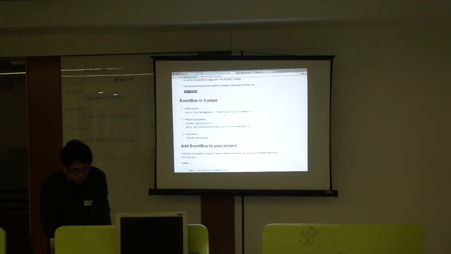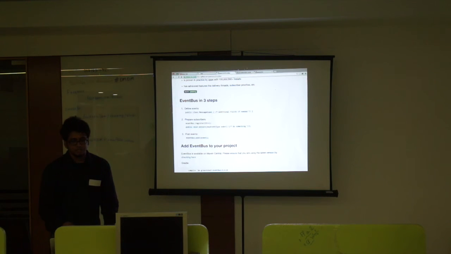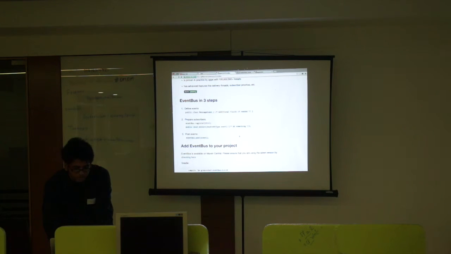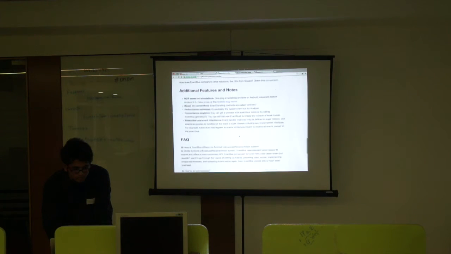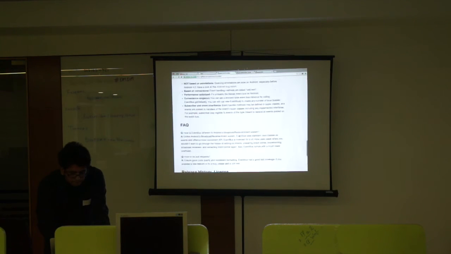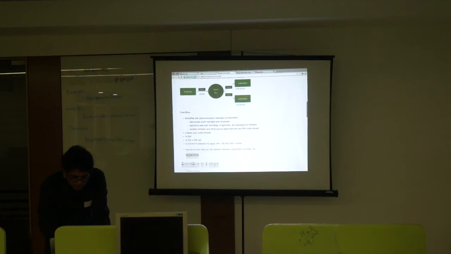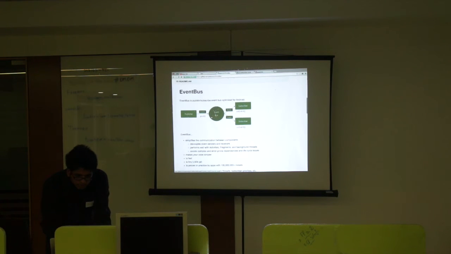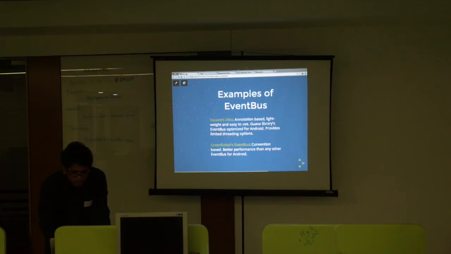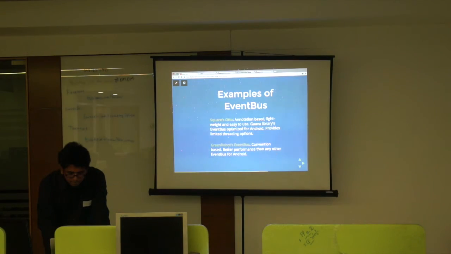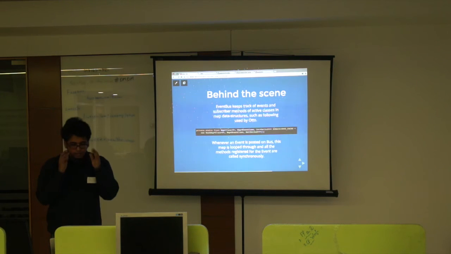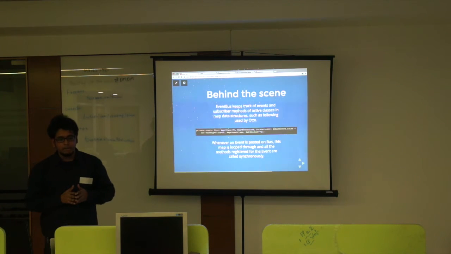The event bus engine is going to look for such methods with the name onEvent and an event inside it. That's the basic difference between Otto and GreenRobot's EventBus. But GreenRobot's EventBus is giving us much more options. So I will tell a little bit about what happens inside a message bus, what happens behind the scenes.